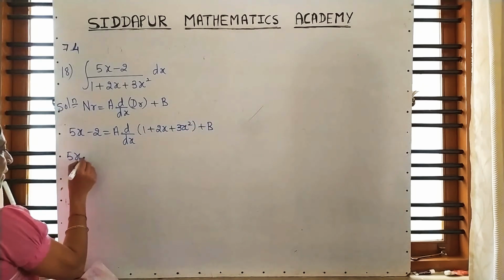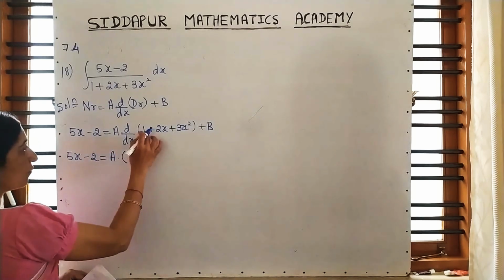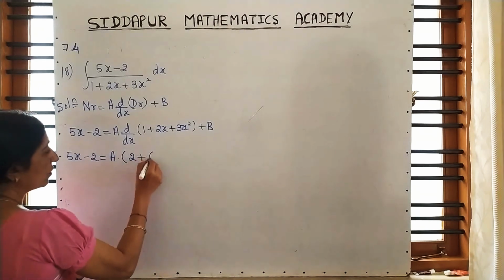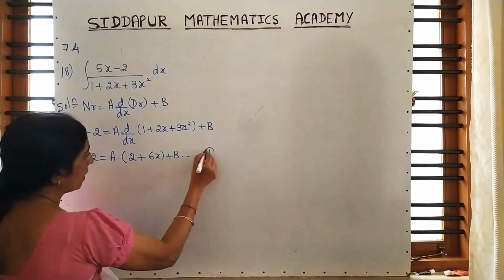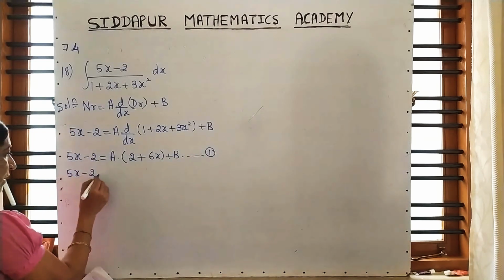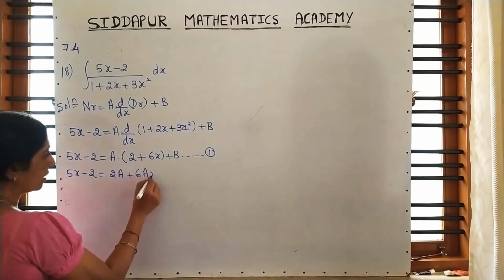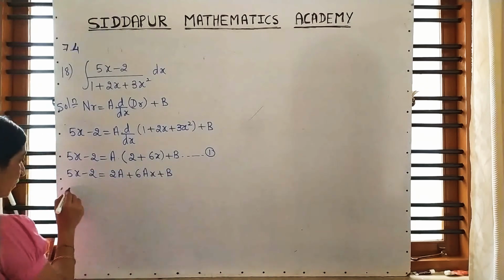This is 5x − 2 equal to a into (0 + 2 + 6x) plus b. Let us call this equation 1. Next, 5x − 2, removing the bracket, is 2a + 6ax + b. a is multiplied only for these two.